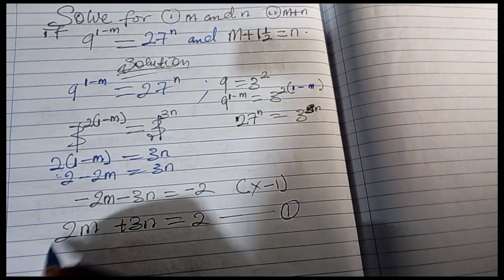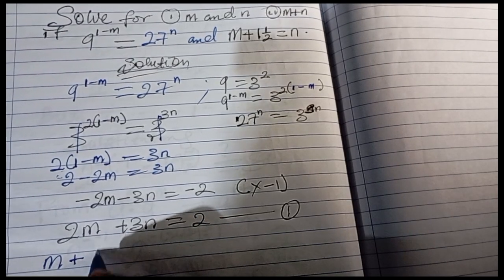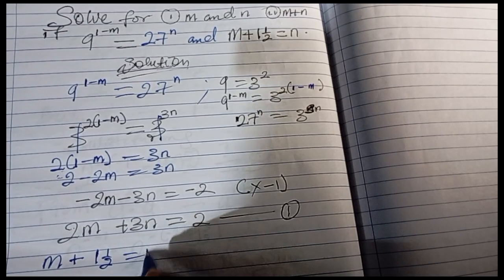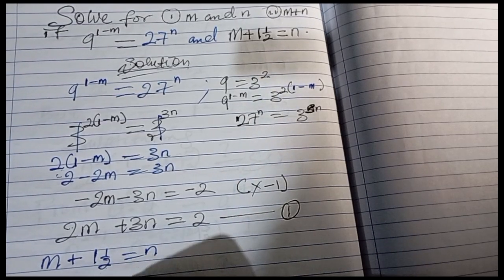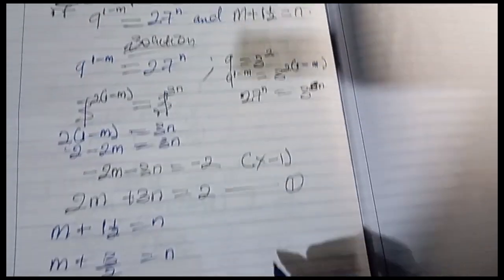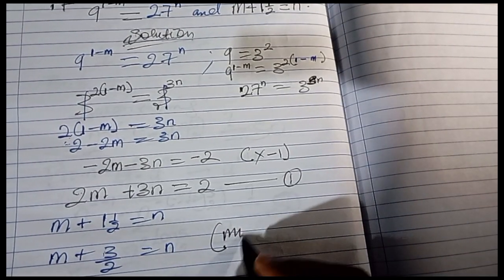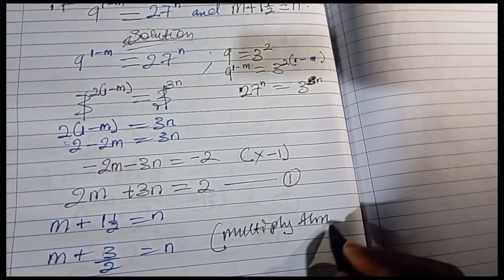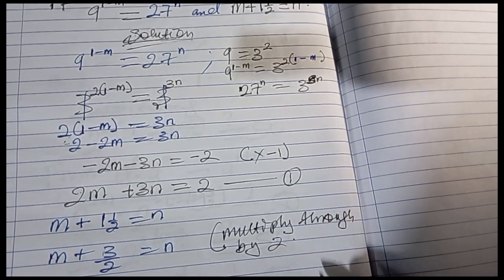Now, from number 2, we have m plus 1 whole over 2 is equals to n. This is same as m plus 2 times 1 is 2 plus 1, 3. So 3 over 2 equals to n. Multiply through by 2 to clear the fraction.